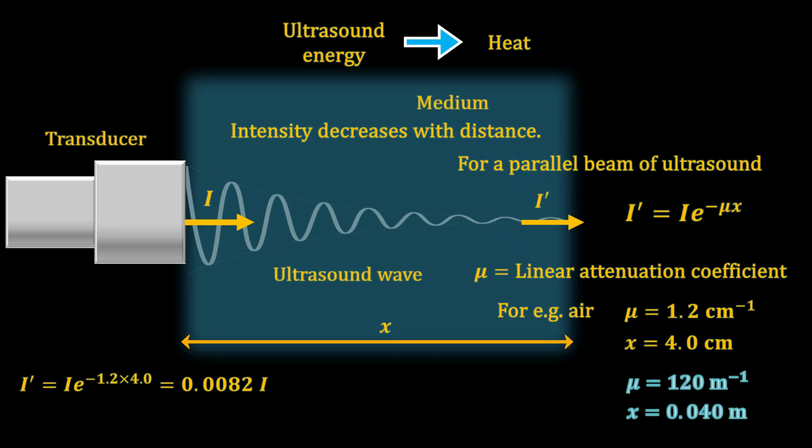And if mu is in units per meter, then x must be in units of meters in order to have the units consistent. So here we have I dash over I equals 0.0082, which is equal to 0.82%.